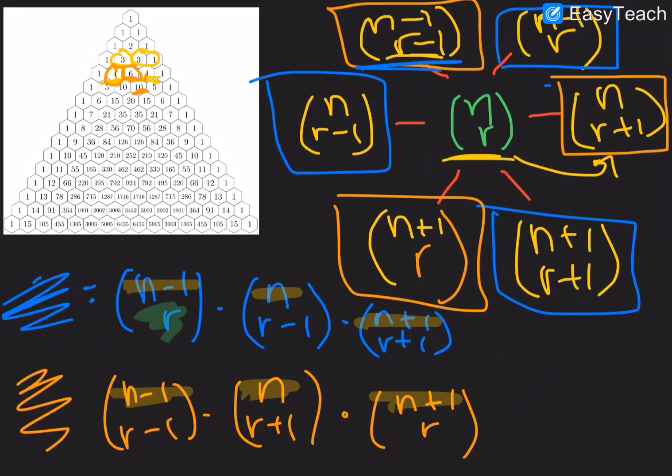Then you have the r and an r minus 1, and r minus 1, and an r plus 1, and an r plus 1. And remember, if you expand, it's going to be the same. You can expand it and see for yourself.